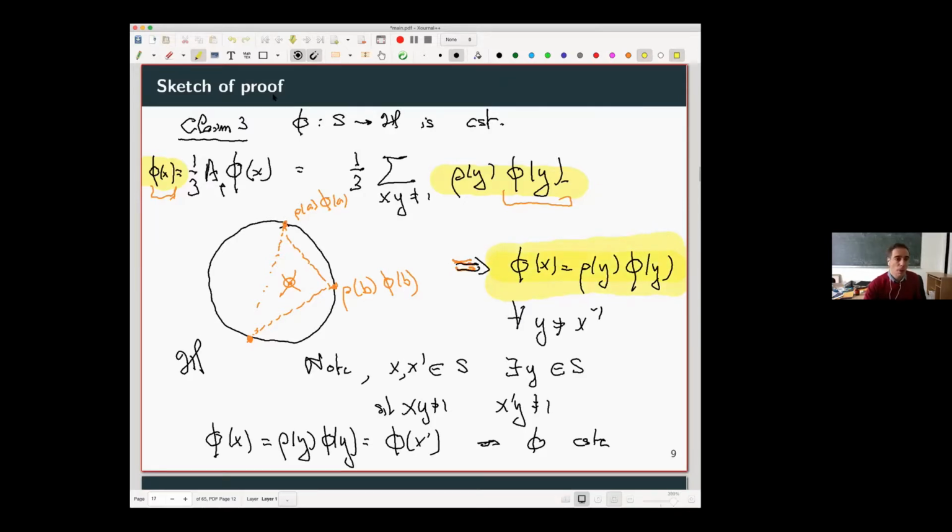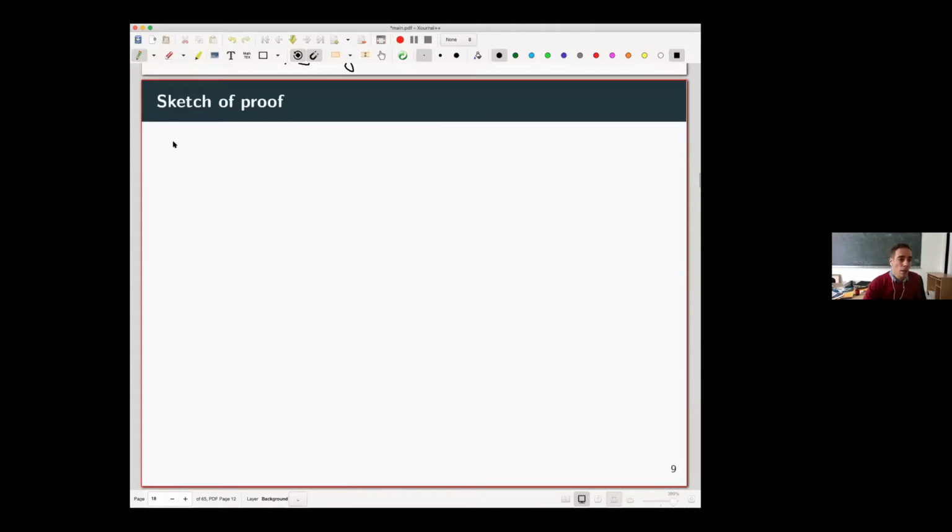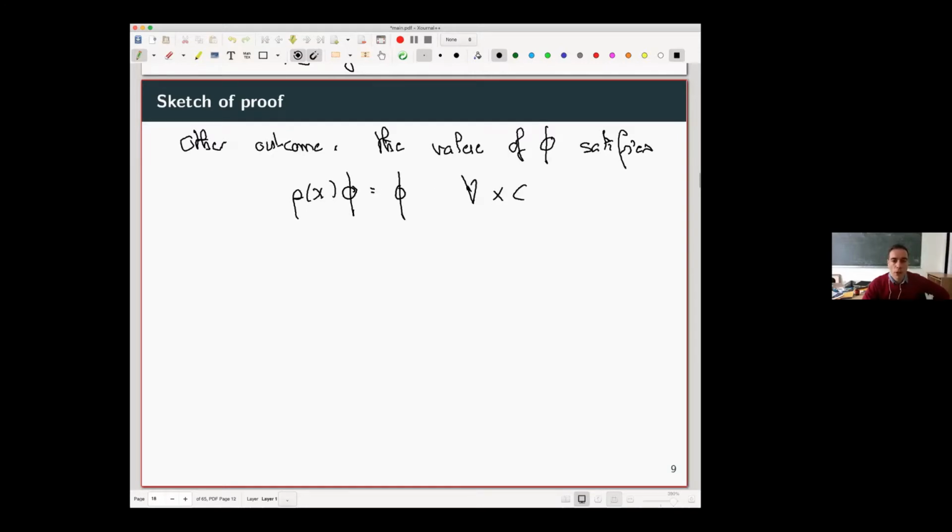So if I copy it below, another outcome of the proof: the value of phi, so I will still call it phi below, satisfies that rho of s phi equals phi for every generator s.